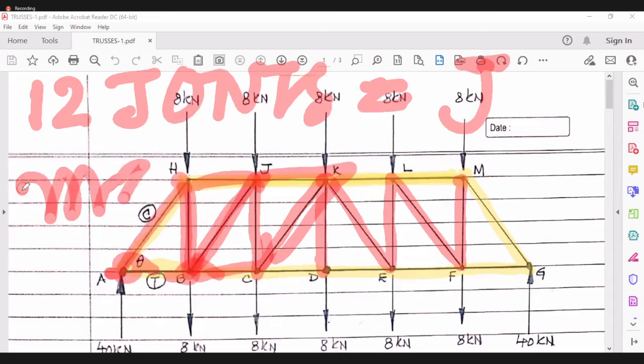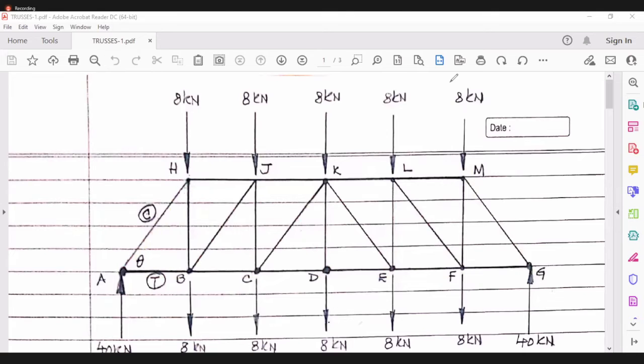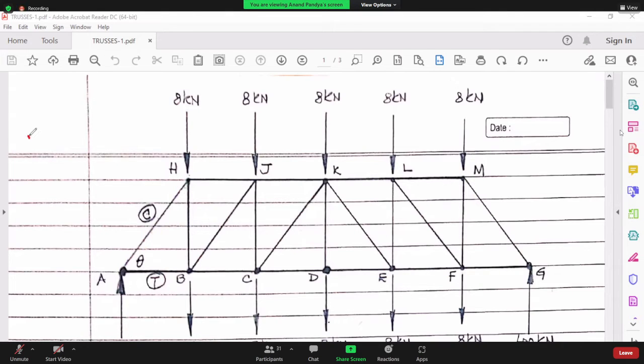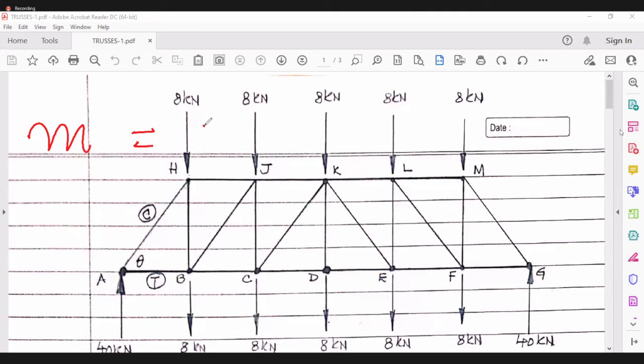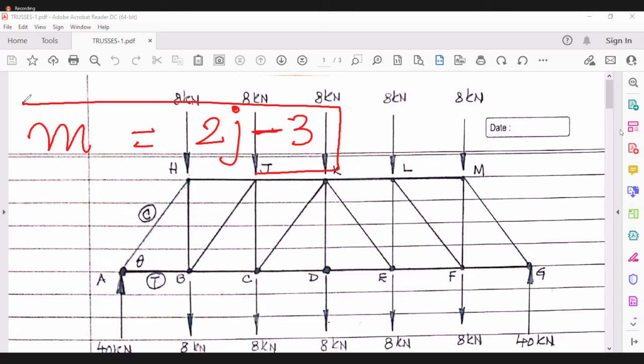And the members are 21. As a result, they obey the equation M equals 2J minus 3. Now there are trusses which will have M less than 2J minus 3 or greater than 2J minus 3.